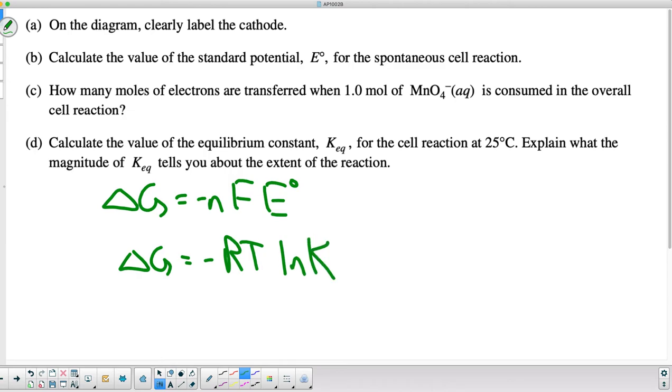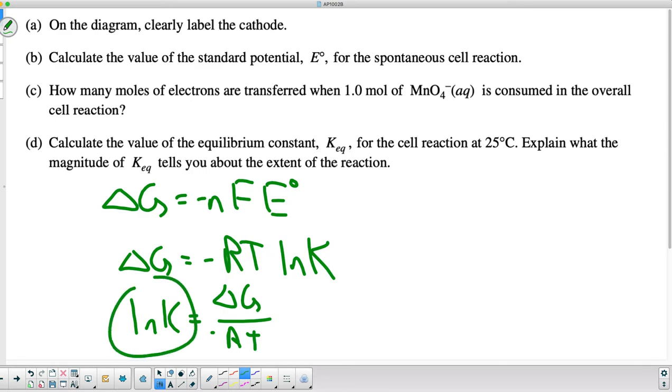So the first thing I do is solve for delta G here, and then using delta G, I'm going to solve for the natural log of K by taking my delta G and dividing by a negative RT. And then after this, I'll do the e to the exponent, and that will find my K. So let's do the first part.